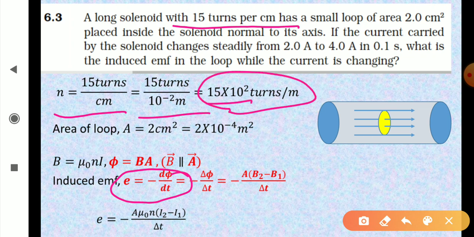We have to convert the number of turns per unit length into SI units. Area of the loop is 2 square centimeter, that is 2 into 10 to the power minus 4 square meter. And you know that the magnetic field inside the core of a solenoid is mu naught N i.